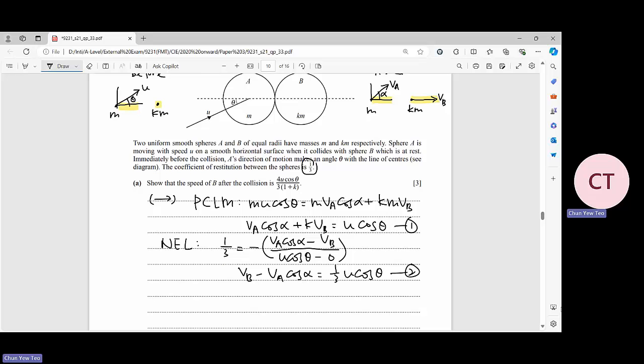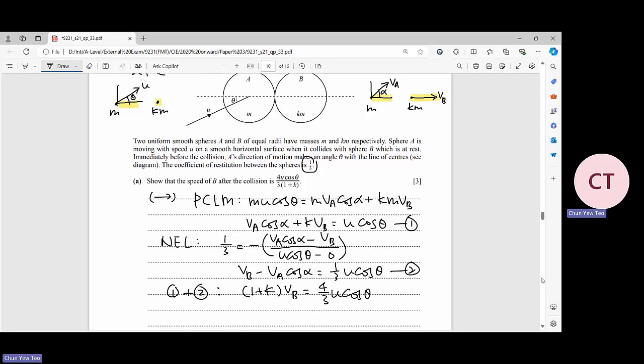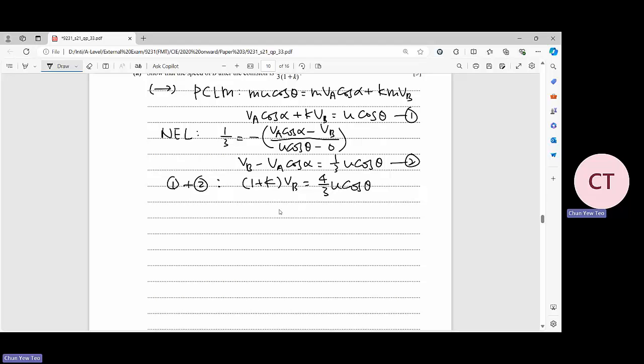To find vB, just take the first equation and the second equation, and add together. Like this, you can cancel off the vA cos alpha. Then you will have 1 plus k times vB equal to 4 over 3 u cos theta. So from here, you can find that vB is equal to 4u cos theta over 3 multiplied by 1 plus k, shown.